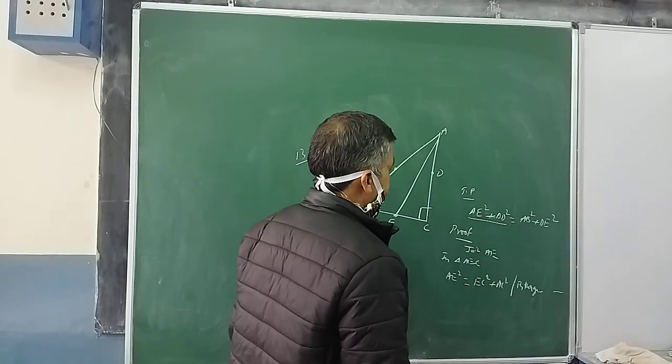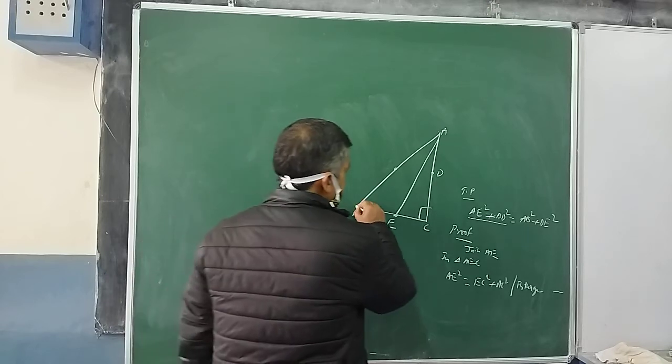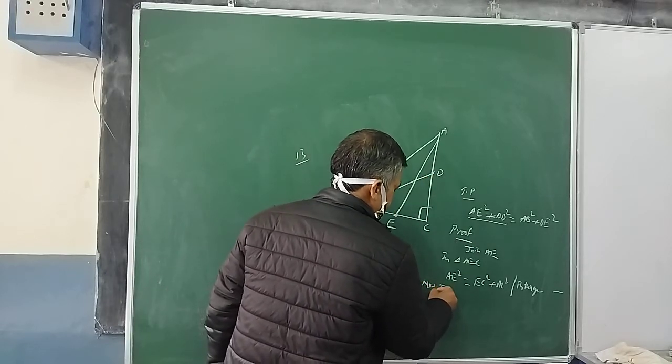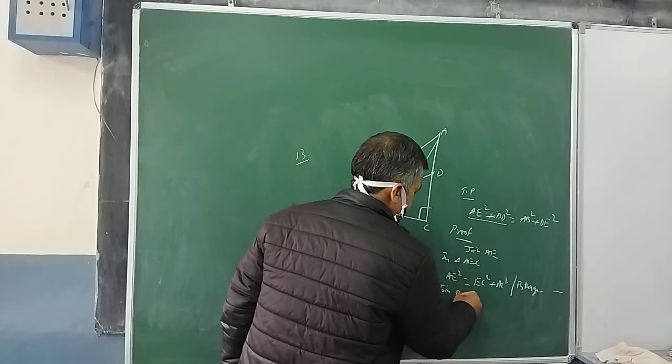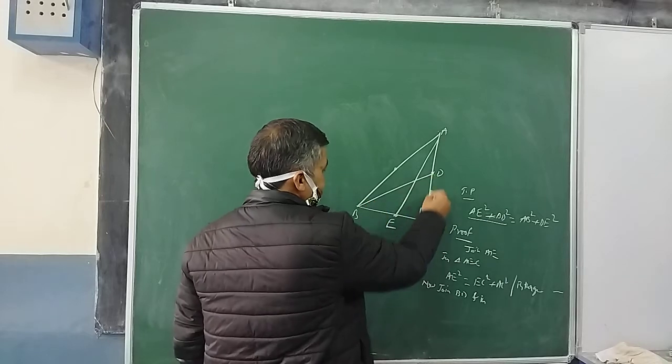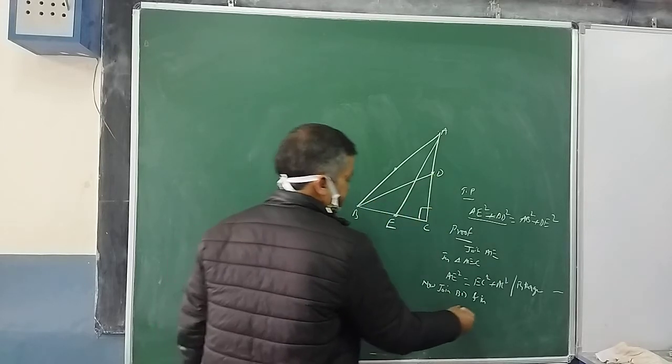Then BD. Join BD and study the triangle BDC. Again you can see a right triangle.